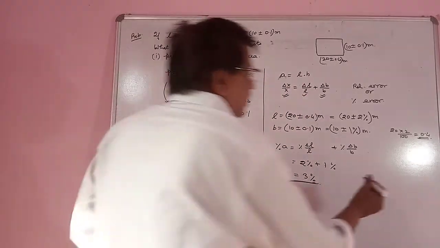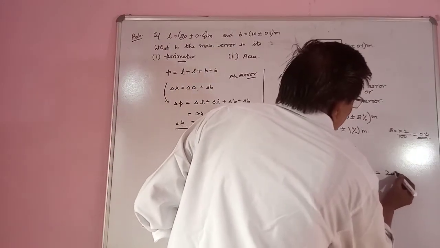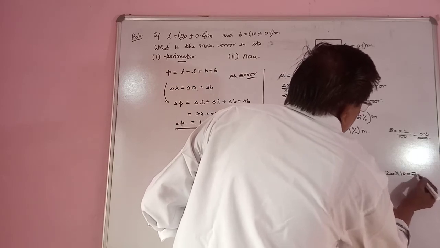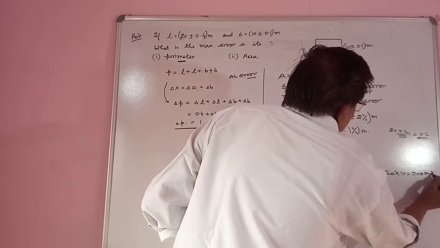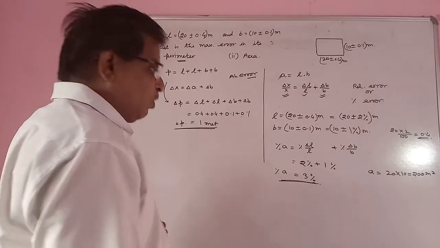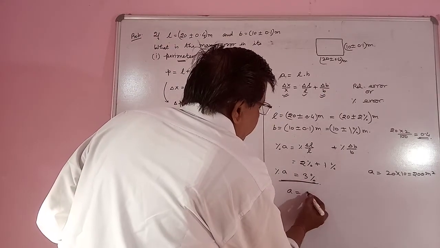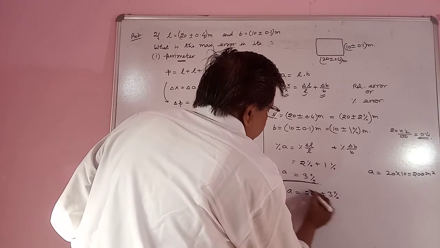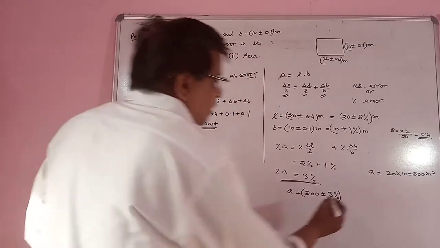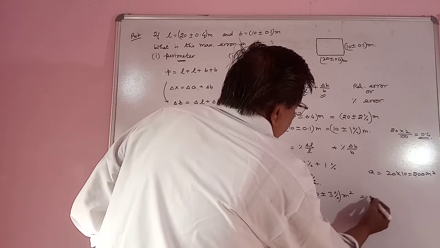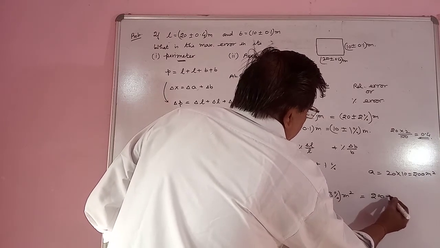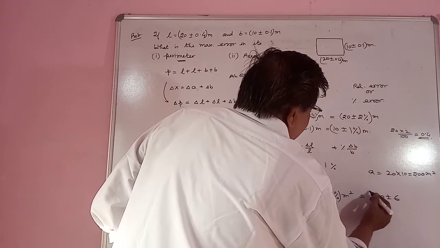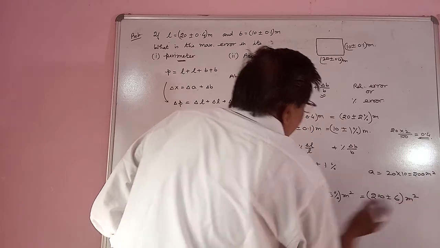Now what is the area? Area equals 20 into 10, that is 200 meter square. So you can write area equal to 200 plus minus 3% meter square, or 200 plus minus 6 meter square.